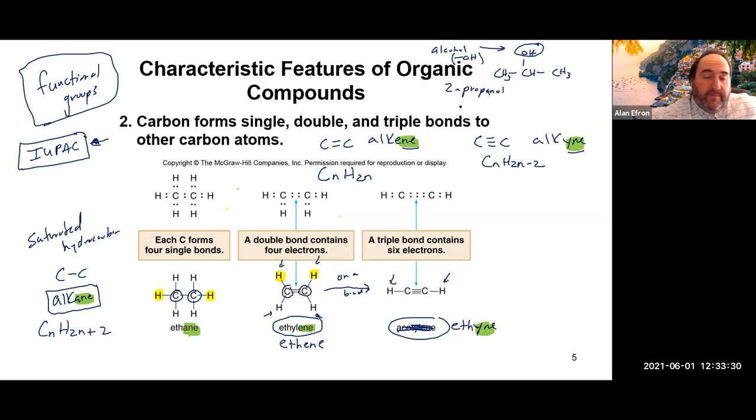That's more of the IUPAC way of naming it. This is also known as isopropyl alcohol, the common name for it. It's also known as rubbing alcohol, a super common name for it as well. So certain things have multiple names for the exact same compound.